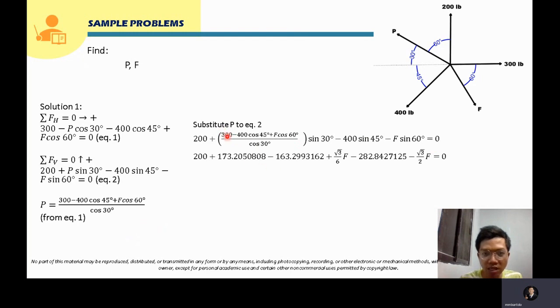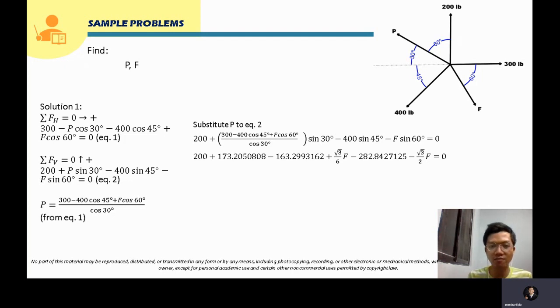Simplifying 300 minus 400 cosine 45 degrees over cosine 30 degrees times sine 30 degrees, let's input that in our calculator.